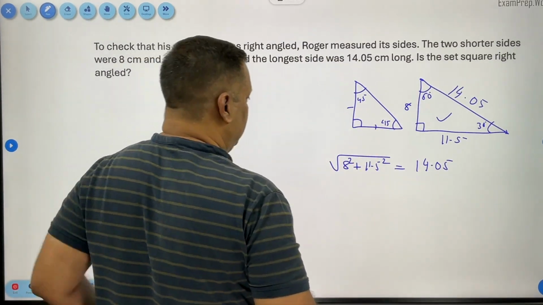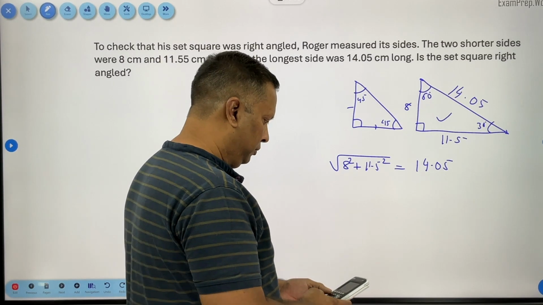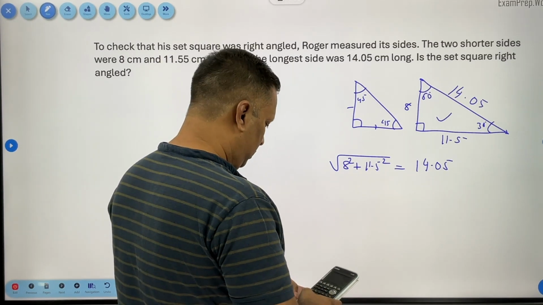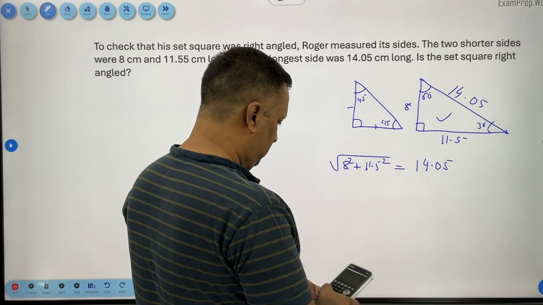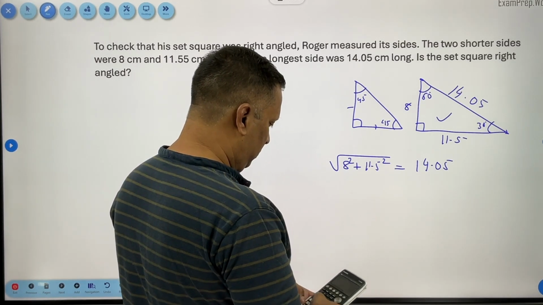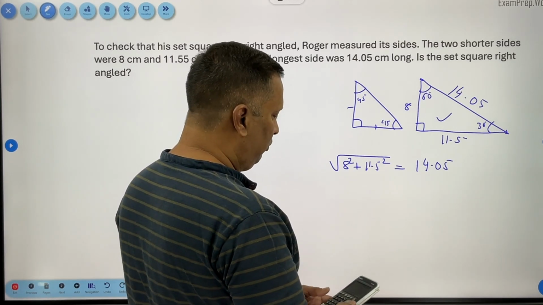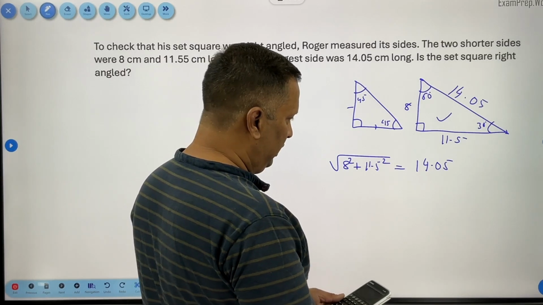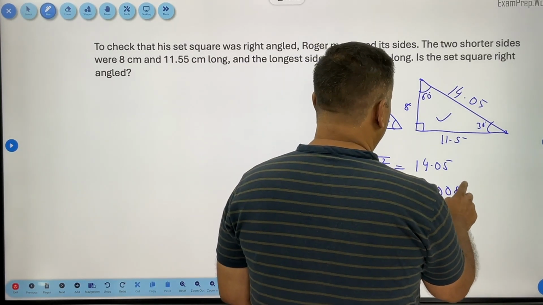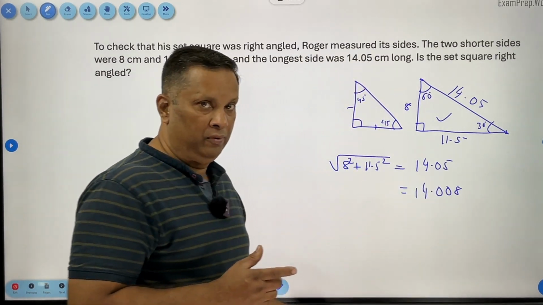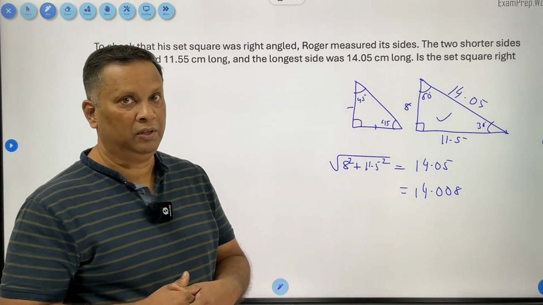So we should check the root of 8 square plus 11.5 square, which gives 14.008. So it is a little off from 90 degrees. It's not a right angle.